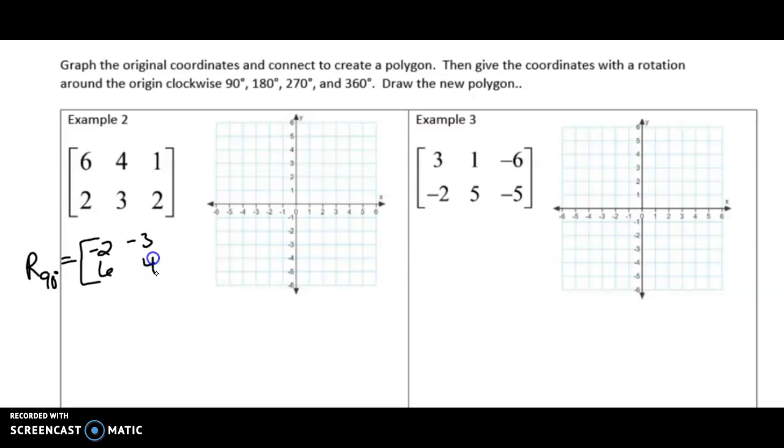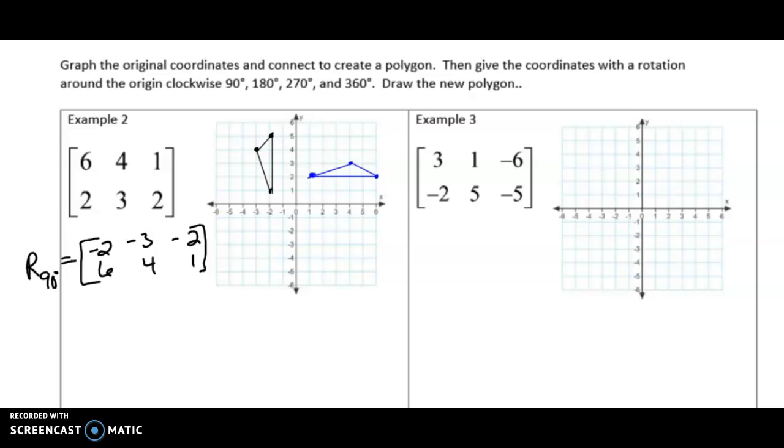So I'm just changing my y's to negative and then switching spots with the coordinates. So if I think of my original was 6, 2, 4, 3, and 1, 2.